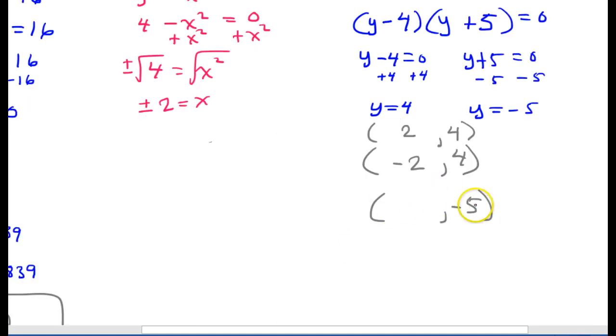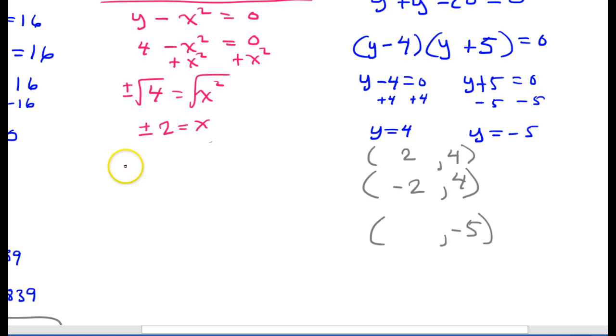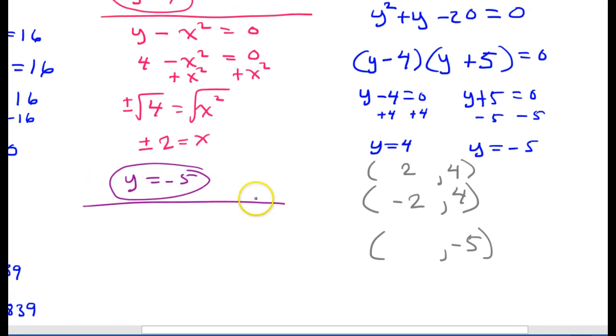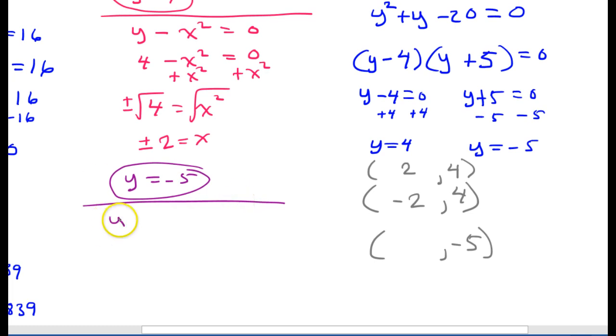Now let's check out and see what happens if I substitute negative 5 in for y. So let me just switch colors here, and I'm going to be doing y equals negative 5 now. So again, the equation is y minus x squared is equal to 0.